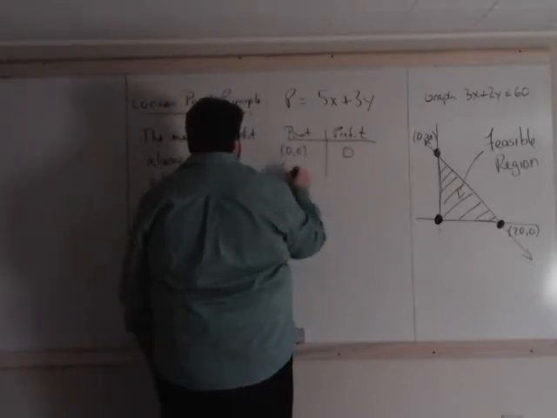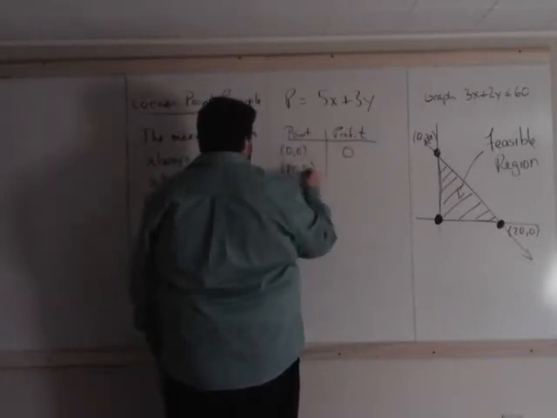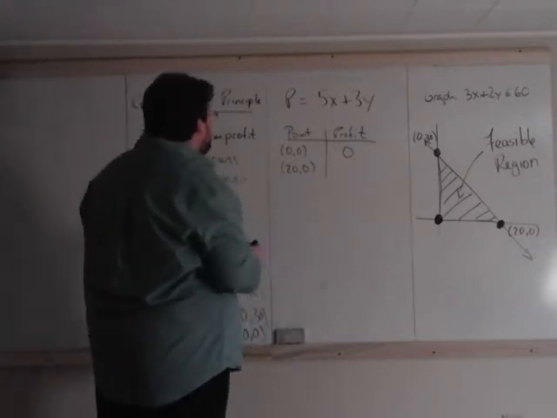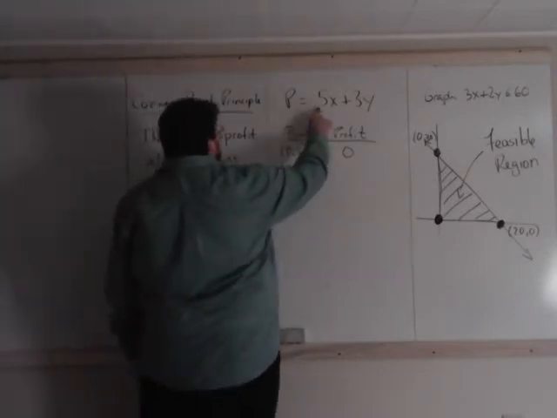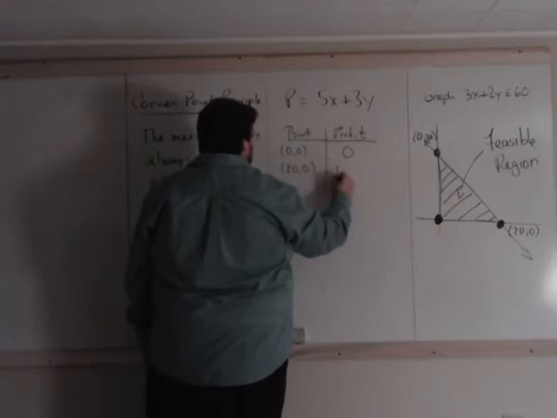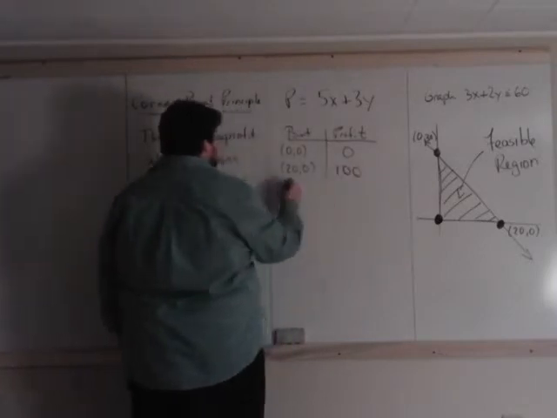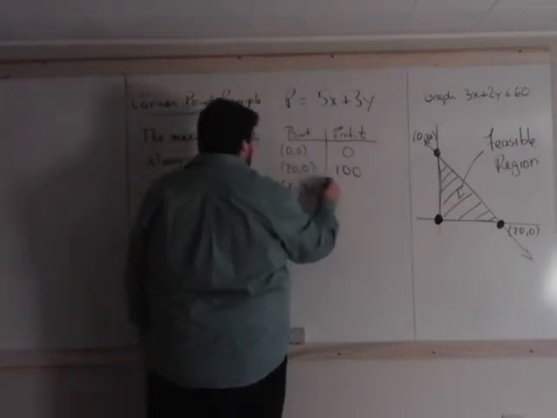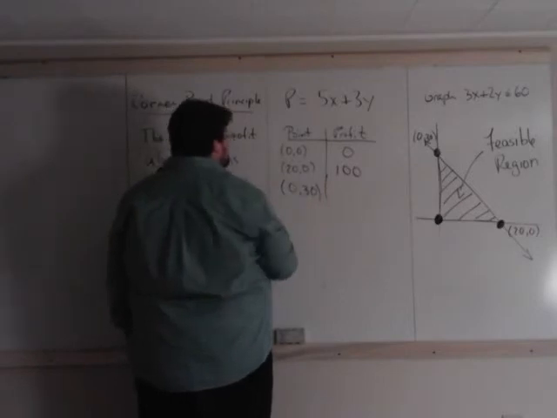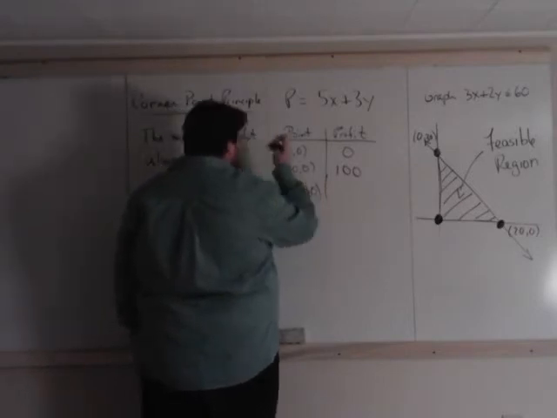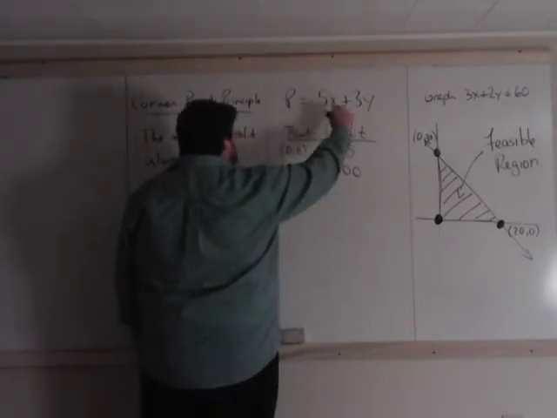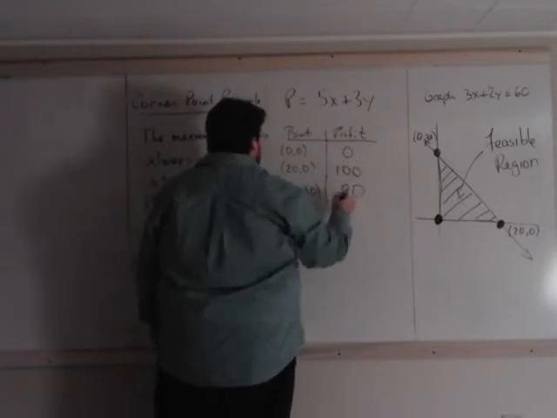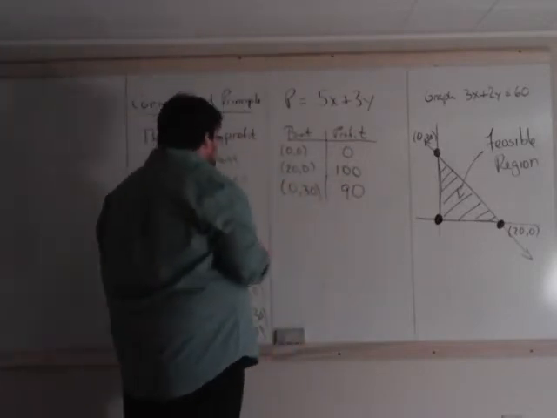Profit is 0. 20, 0. Well, when x equals 20, the profit is 100 plus 0. What about at the point 0, 30? Well, 0 times 5 is 0. 30 times 3 is 90. 0 plus 90 is 90.